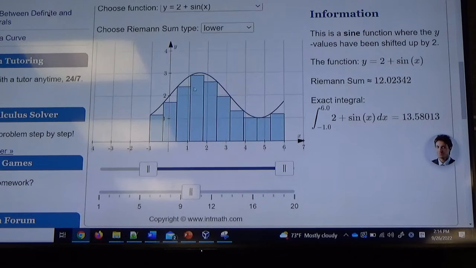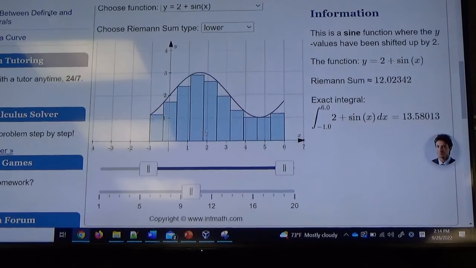Now, if you do such a thing, then you will always be underestimating, right? See, we really want to know the area under the curve, whose exact value is given here, 13.58. But we're using the lower sum, so it is less. In our case, it's 12.02.